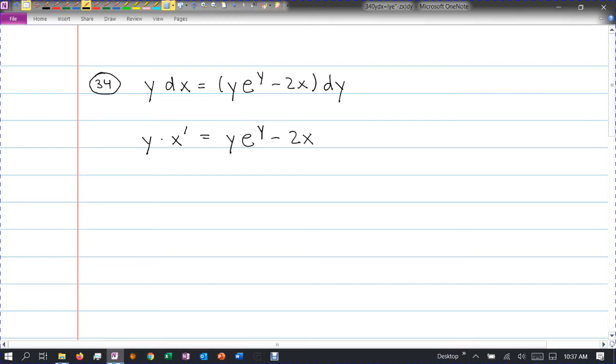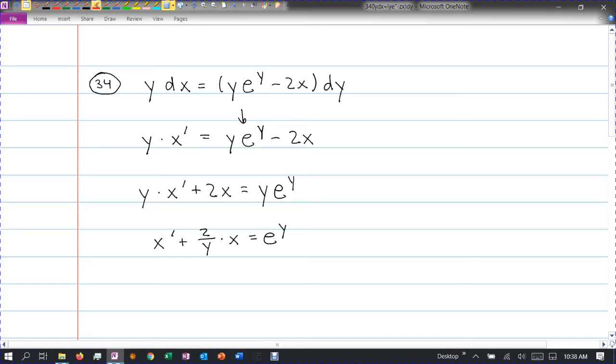And now what I need is a function of y on the right hand side, which will be this, and then some function of x on the left, so y times x prime plus 2x equals y e to the y. Divide through by y. Now I have a function of y in front of x, and it equals e to the y.